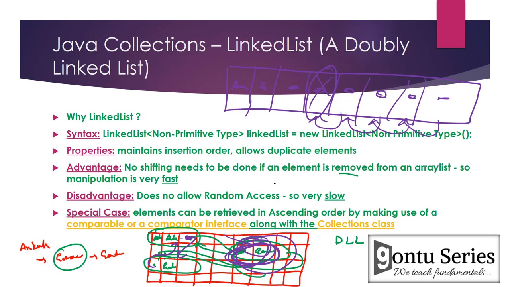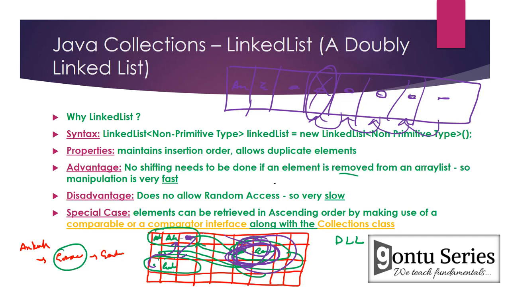But in case of a linked list, you are not required to perform this shifting operation. You only have to change its address to the next element, and change its previous address to the previous element of the element you want to delete.